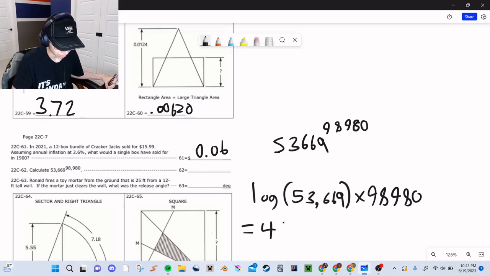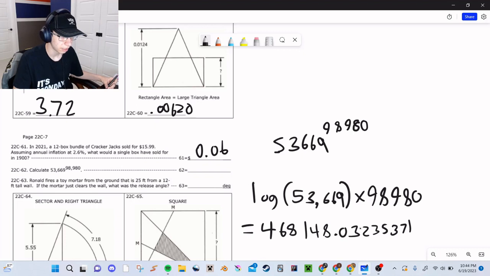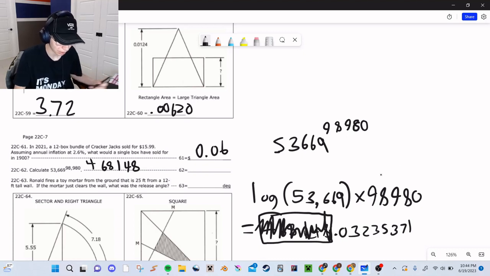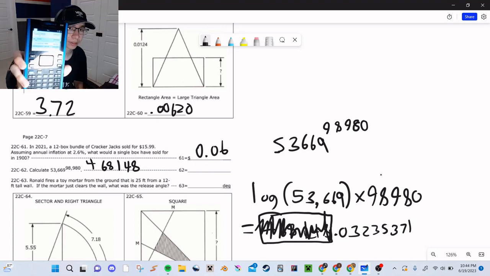And this comes out to 468,148.03235371. And when you're doing this test, you probably want to write this number down on your paper, this part to the left of the decimal point. So you're going to take this away from the answer after you've written it. You're just going to subtract that whole number part, so you should only be left with the decimal part at this point.